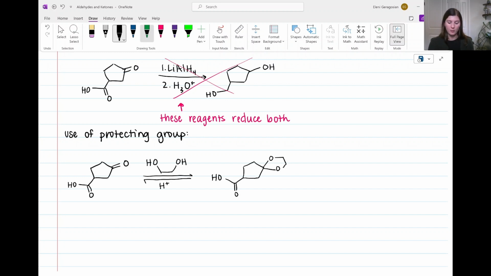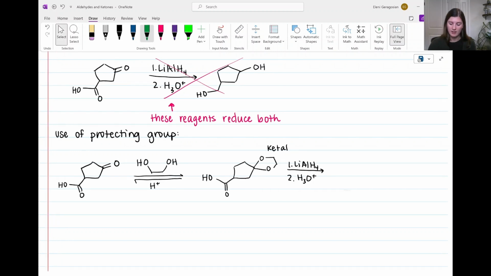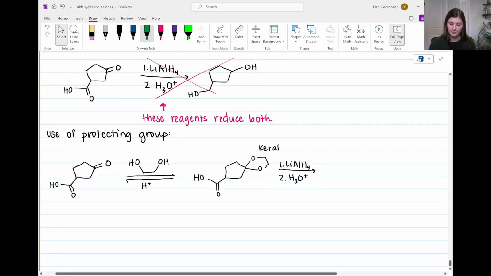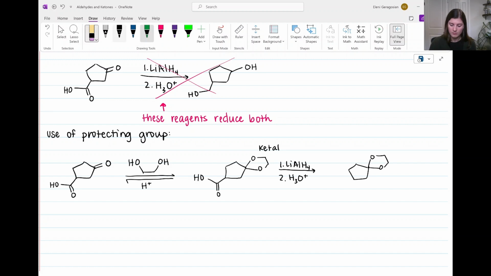We have a ketal part of the molecule. So now if we add the lithium aluminum hydride and then acid in a second step, the only part of the molecule that can now get reduced is the carboxylic acid part of the molecule. So we keep the ketal as is. And we've reduced the carboxylic acid.